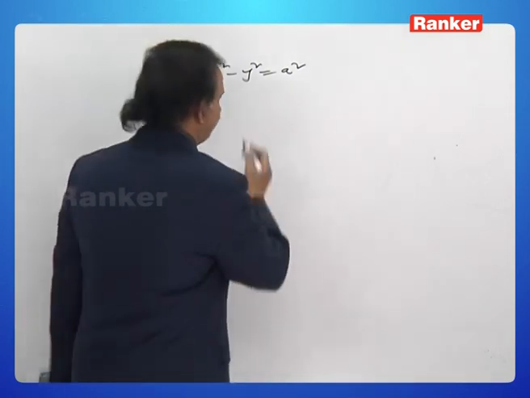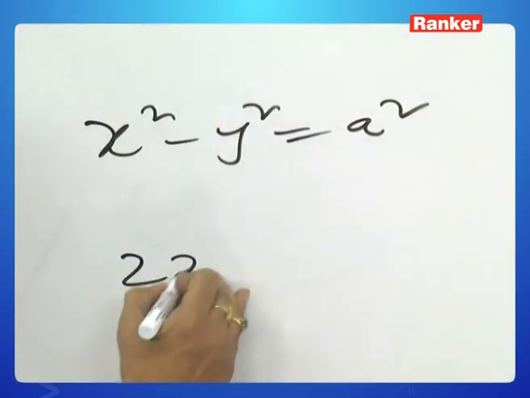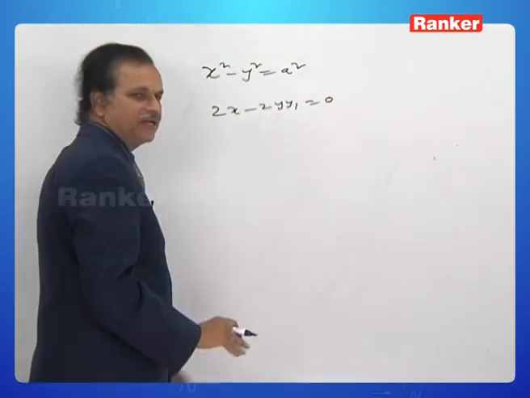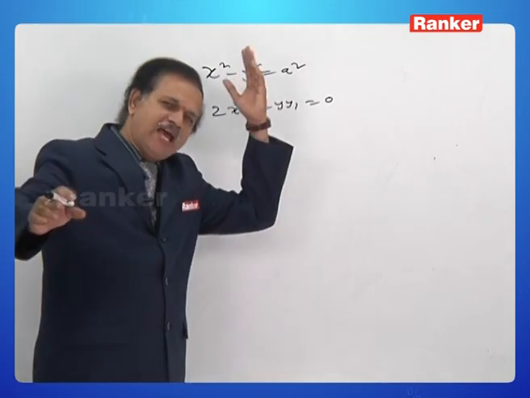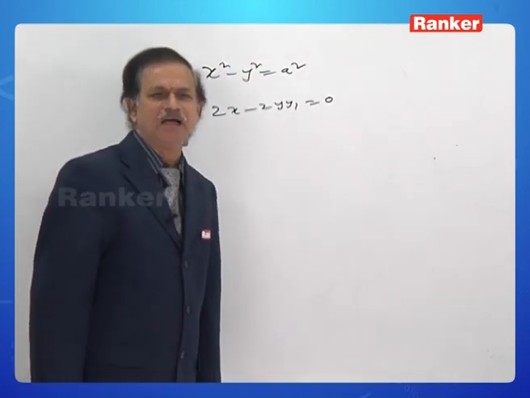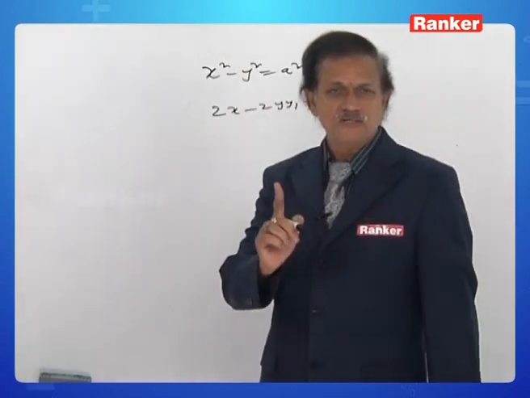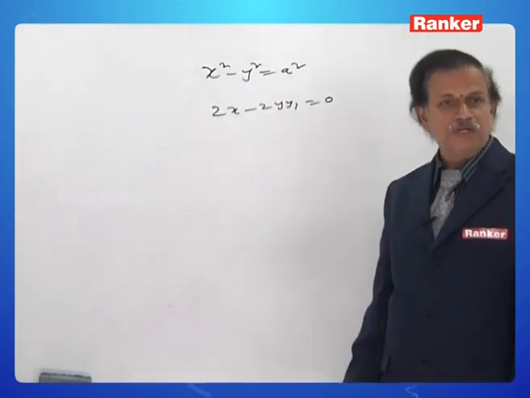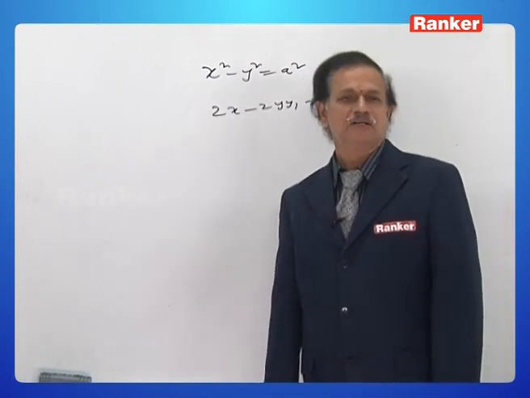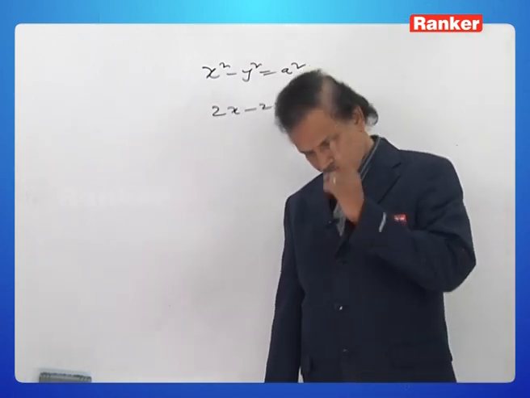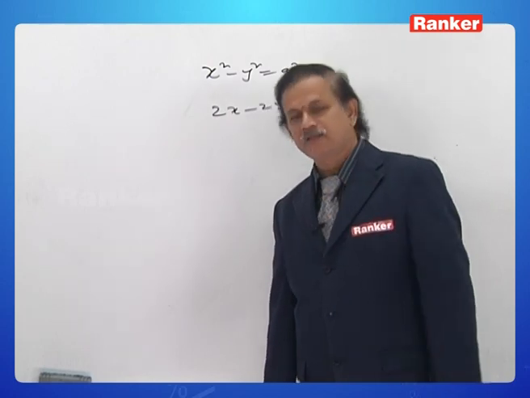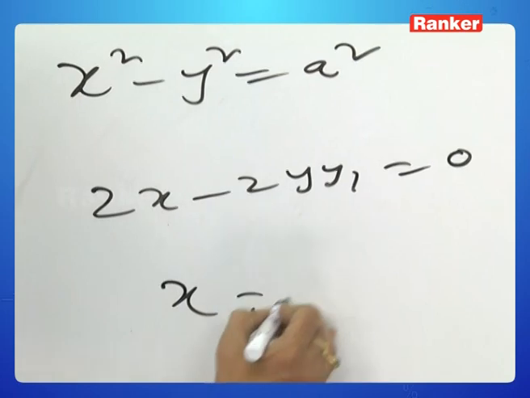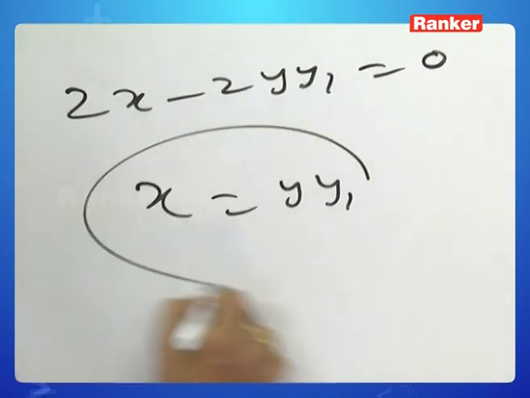So differentiate it. 2x minus 2y1 is equal to 0. Enough. The constant a has been eliminated. We should feel happy. There is only one constant a that is to be eliminated. We could have eliminated it by differentiating just one time. Therefore, the answer is x is equal to y1 is the equation.